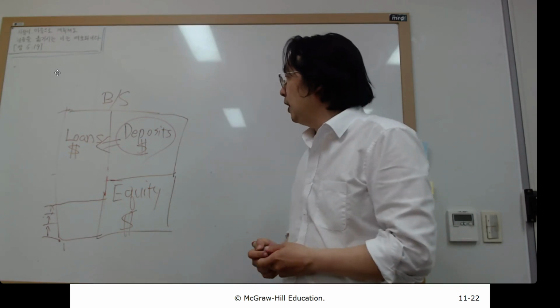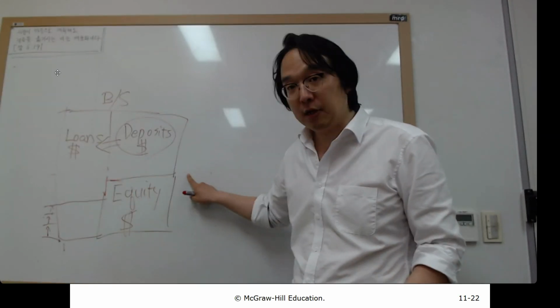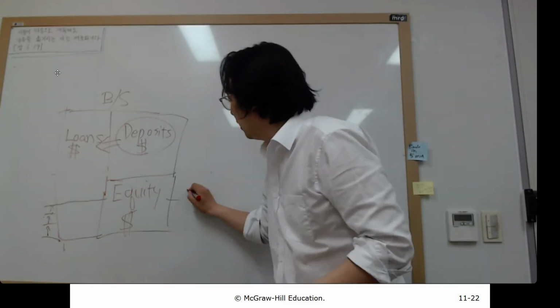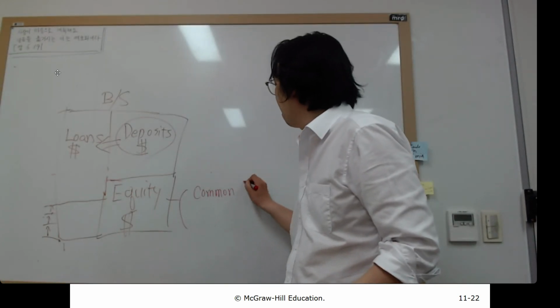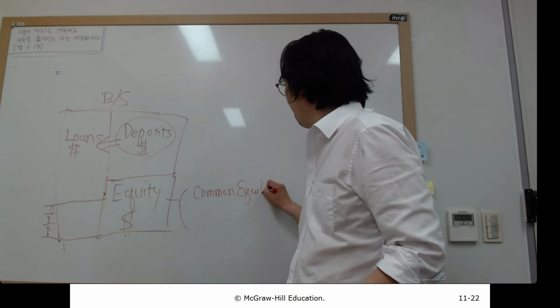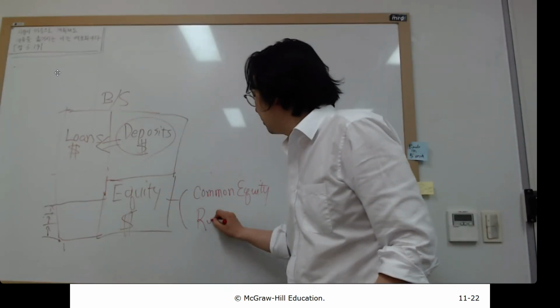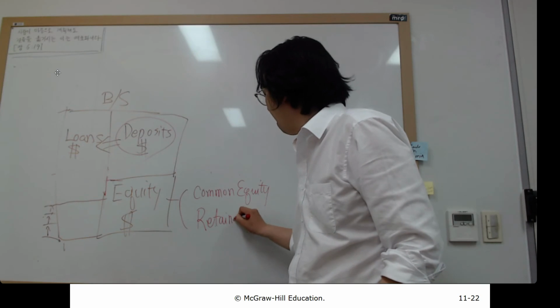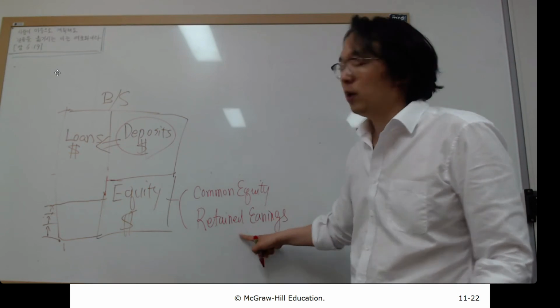On the equity side, you have a handful of items, which is common equity, and then retained earnings. You know what retained earnings is.